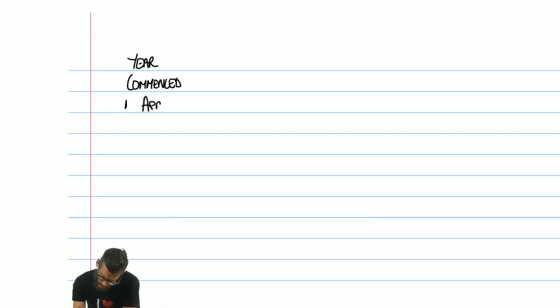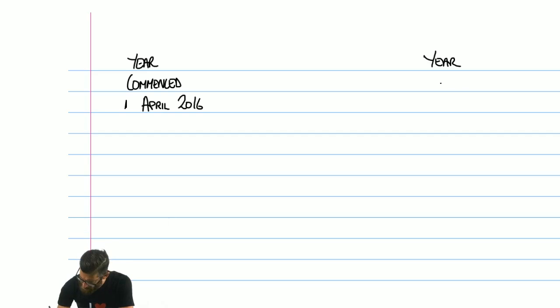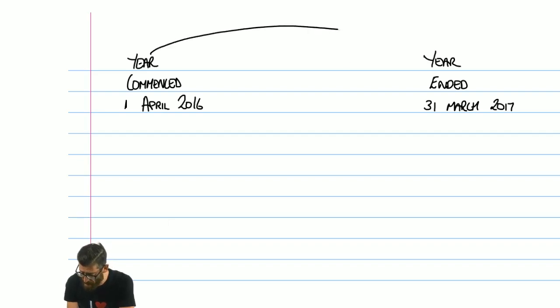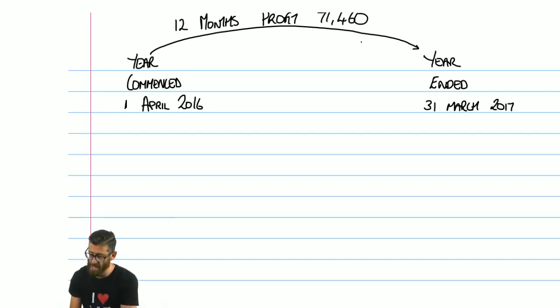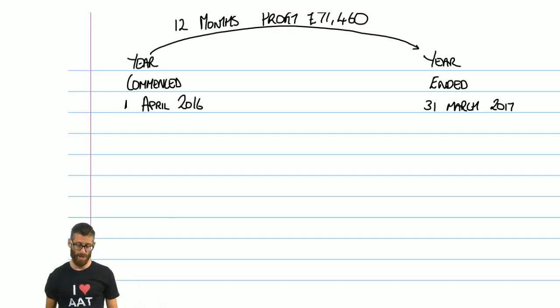The 1st of April 2016 is when the year commenced, and the year ended on the 31st of March 2017. Simple. Across that period there were 12 months, and the profit generated was 71,460, which we were told in the question.